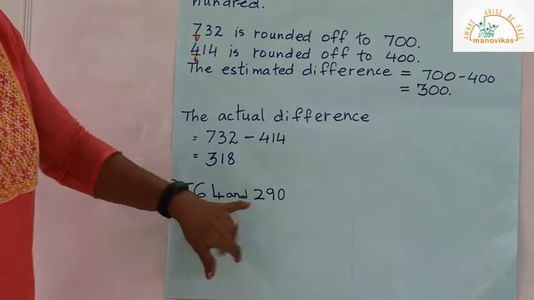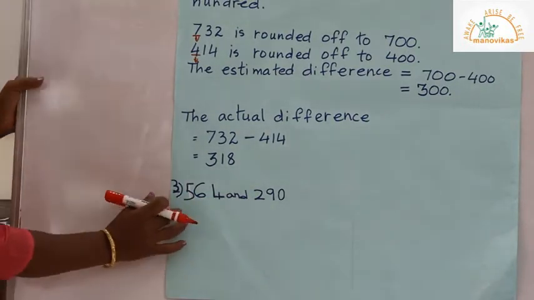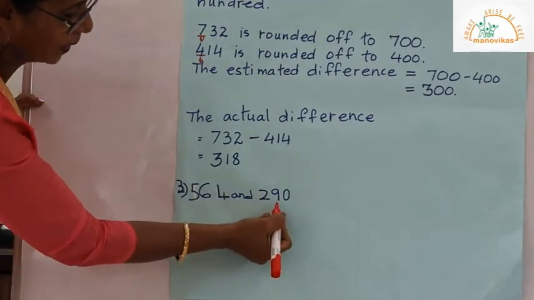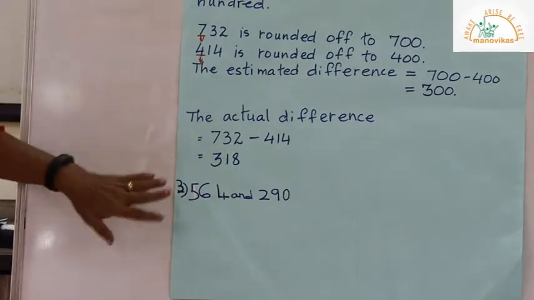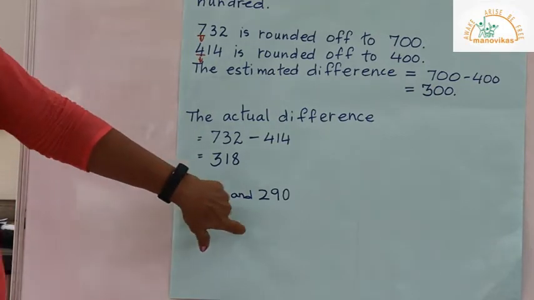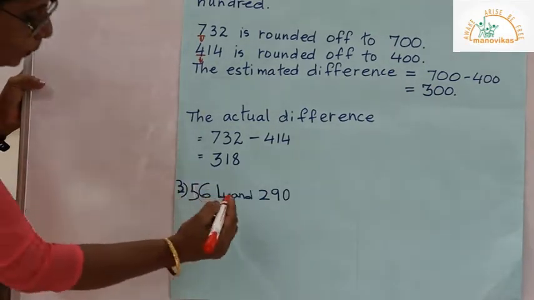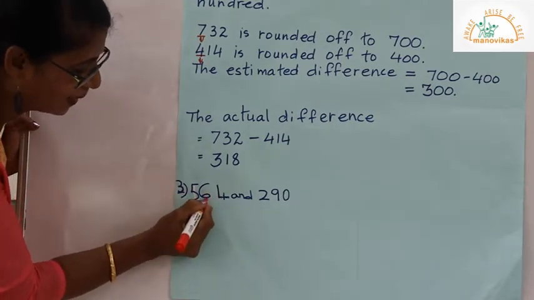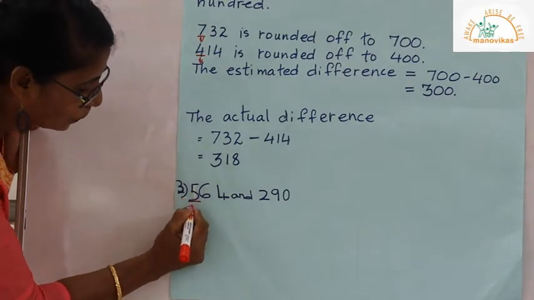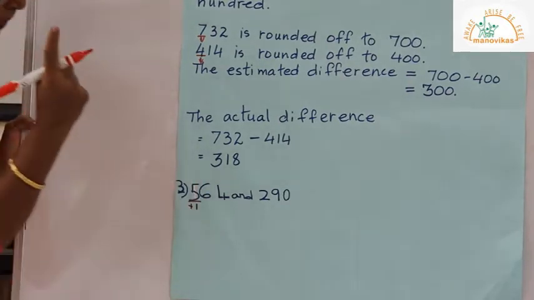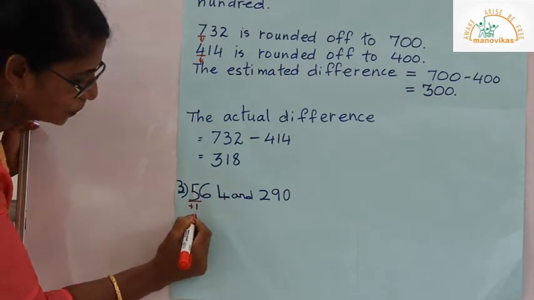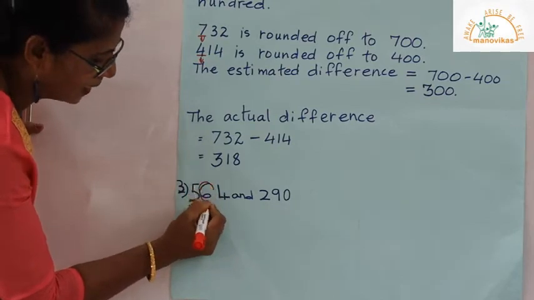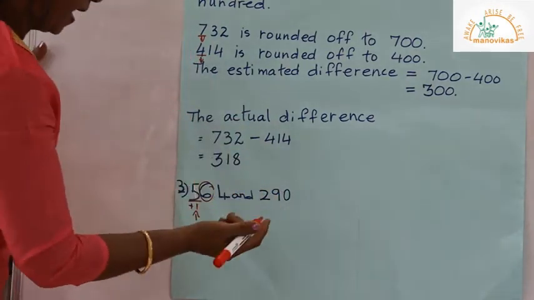Let's try the third example. Now we have 564 and 290. When we round off 564 and 290, in the hundreds place it's 5, in the tens place the number 6. So we have to go up by adding 1. We are going up because the number 6 is bigger than number 5.